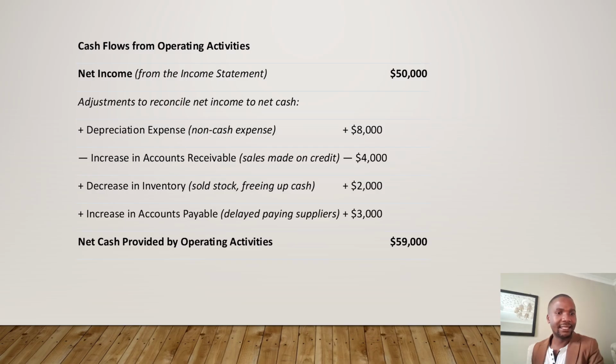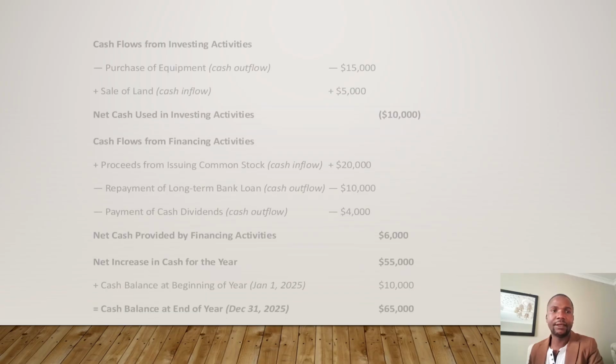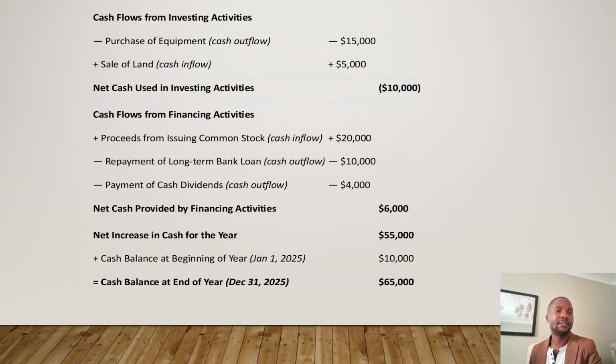So the net cash provided by operating activities now has moved to 59,000. Okay. And then we go to investing and financing activities. So cash flows from investing activities. Here we had purchased an equipment which represents a cash outflow. We purchased an equipment by cash, 15,000. Therefore, we have to subtract 15,000.